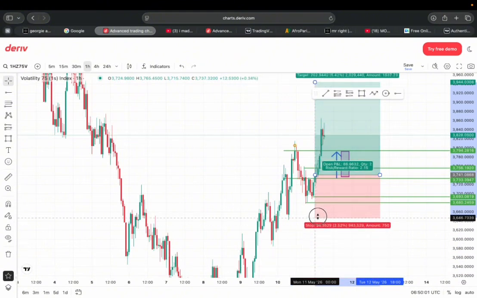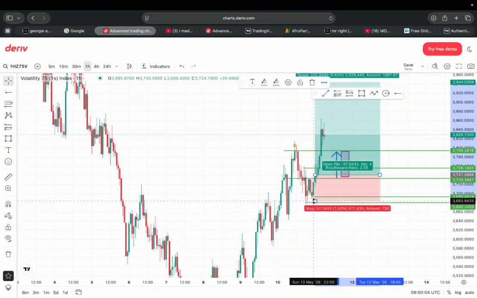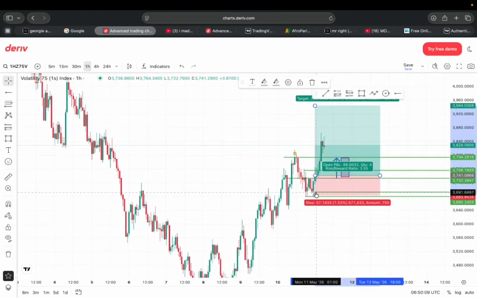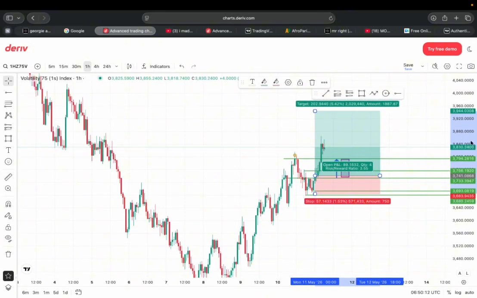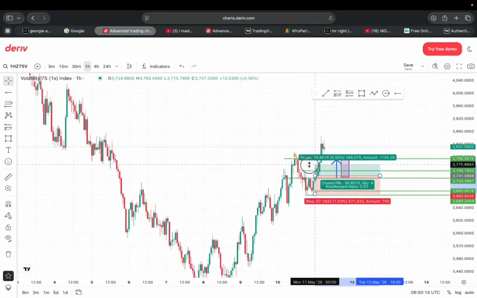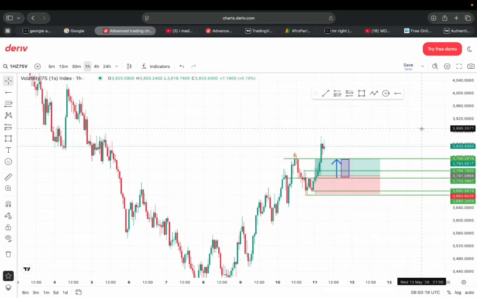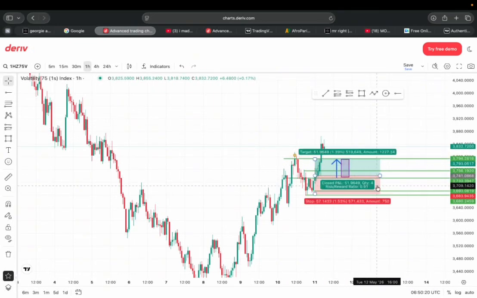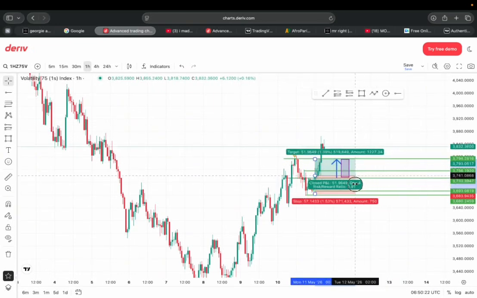I know this is not a good risk to reward, but I'd be observing price, and if price takes out this low, that's where my stop loss should be, and I'm comfortable with that. So this is what I would likely do: enter the trade here and buy it back to 3794. This was exactly what I would have done, and price did respect that.